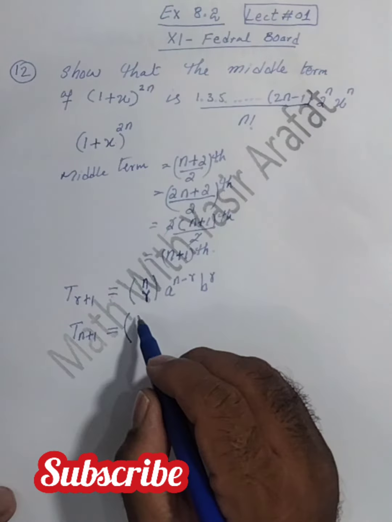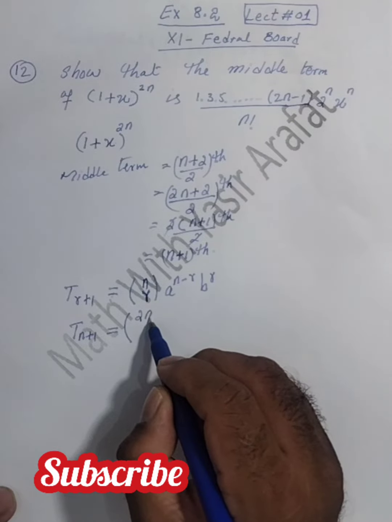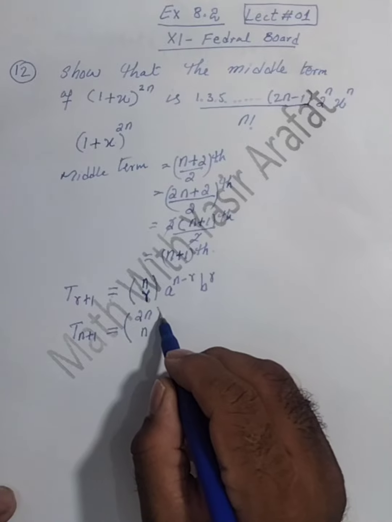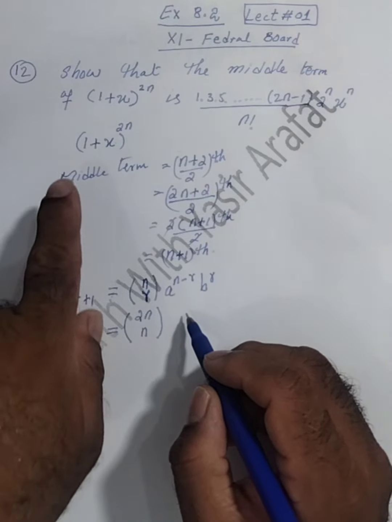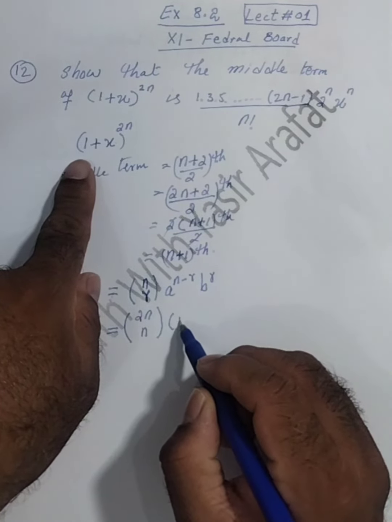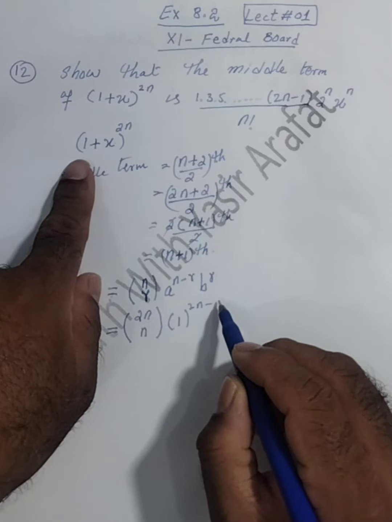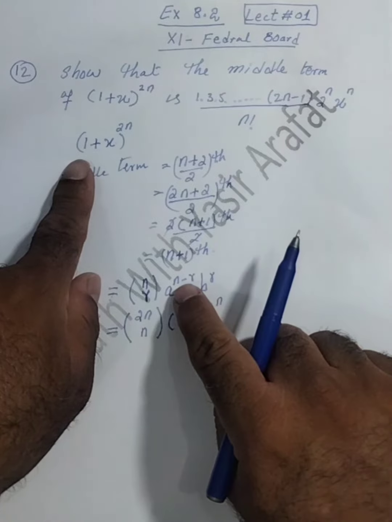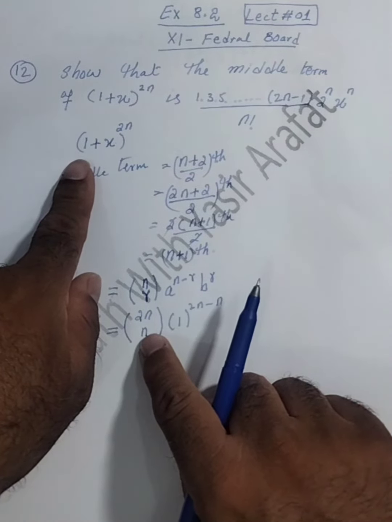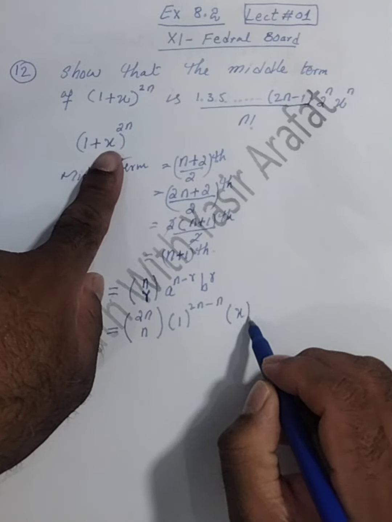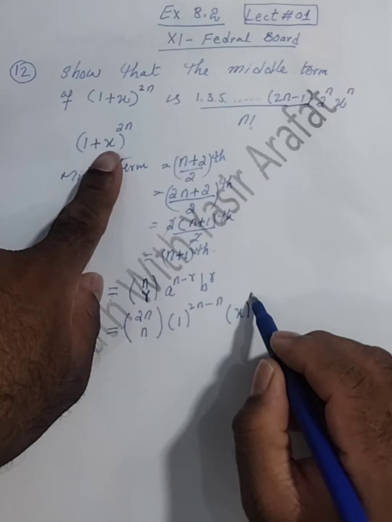What is n? N is equal to 2n. What is r? R is equal to n. And what is the value of a? It is equal to 1. That is 2n minus r, where n is 2n and r is n. And b is x power r, r means n.